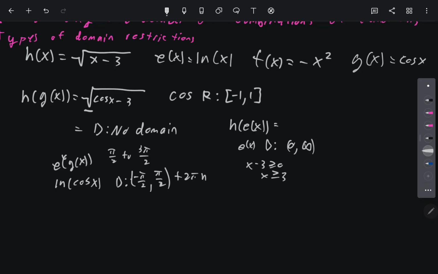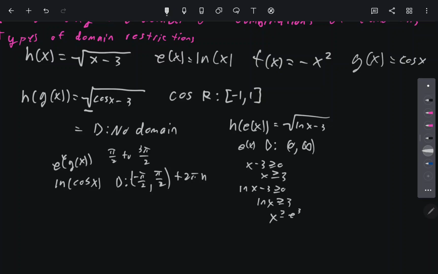So this is the square root of the natural log of x minus 3. Let's solve the natural log of x minus 3 for greater than or equal to 0. So natural log of x is going to be equal to 3, or sorry, e to the power of 3 must be equal to x.